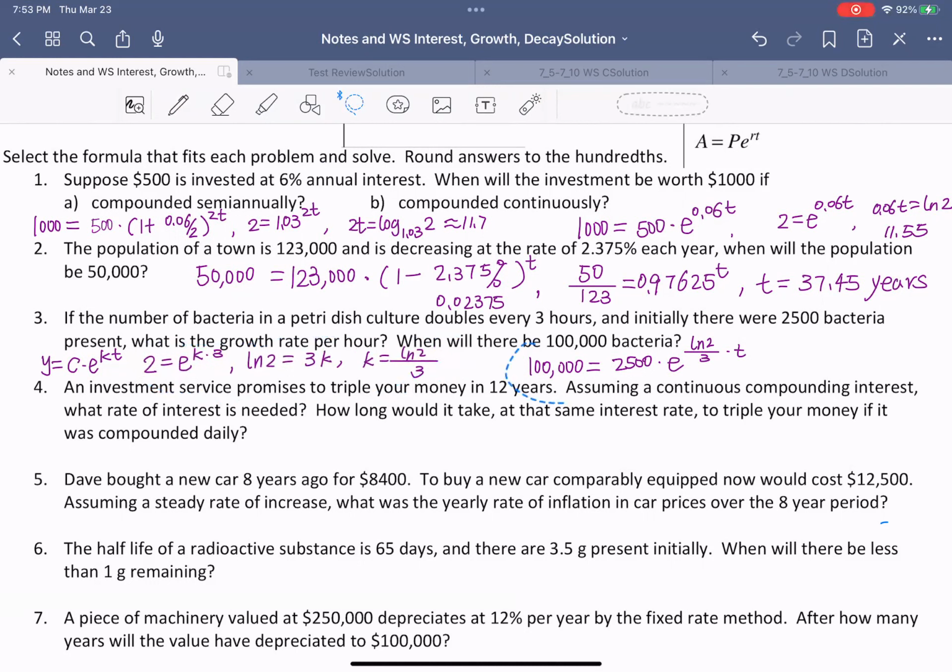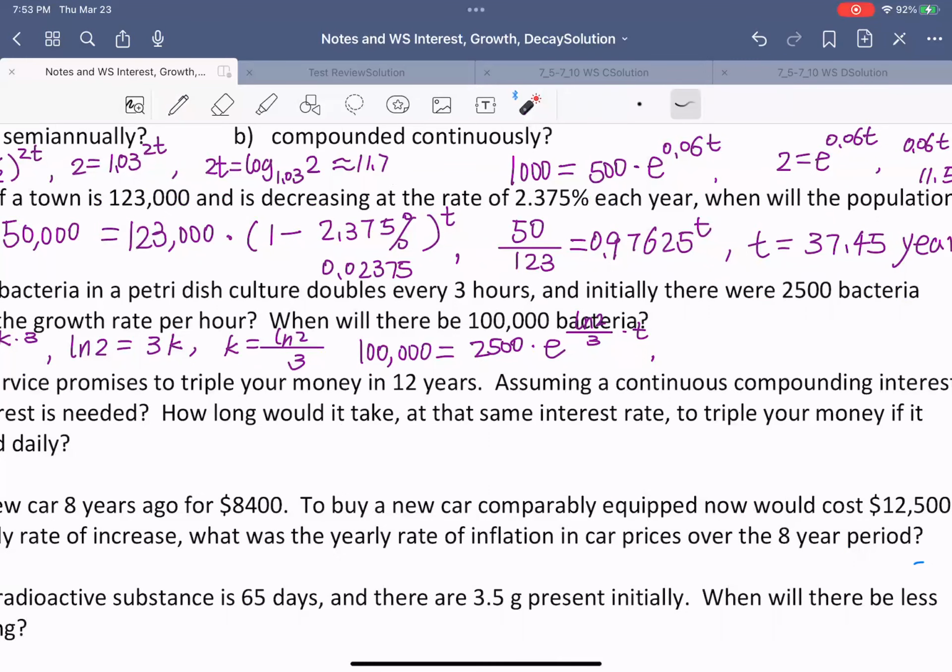So you want to solve this. Let's see, how do we solve it? This divided by this is how much? The 100 cancels. 1000 divided by 25 will be 40, right? Yeah.